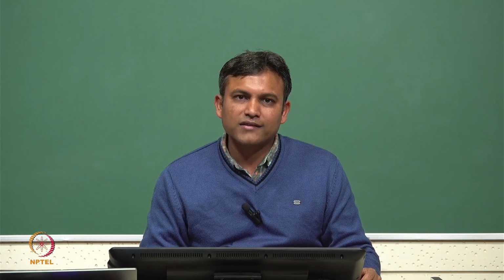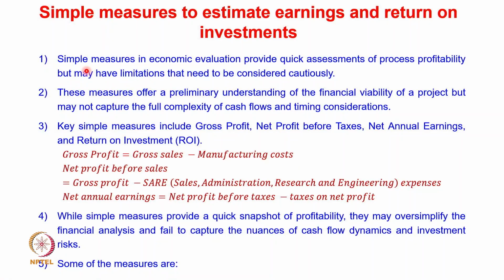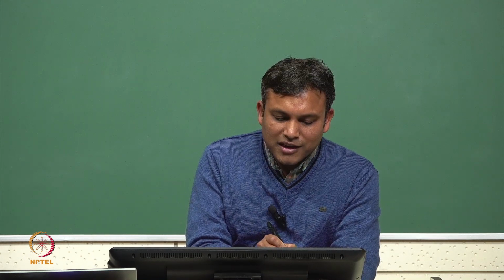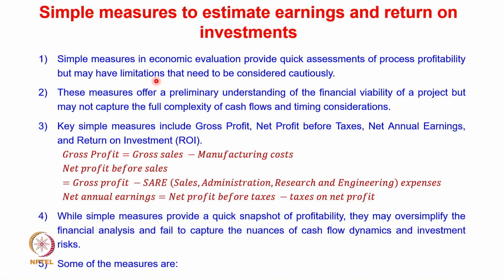Now let us look at some of the terminologies which we are going to define here, because these are important when we are designing a complete plant. Simple measures in economic evaluation provide a quick assessment of the process profitability, but may have limitations that need to be considered cautiously. When we are just calculating the cost and profit, and making the decision based on that, that is very easy to do, but such decision making has some limitations, and we will look at what those limitations are as we go ahead.